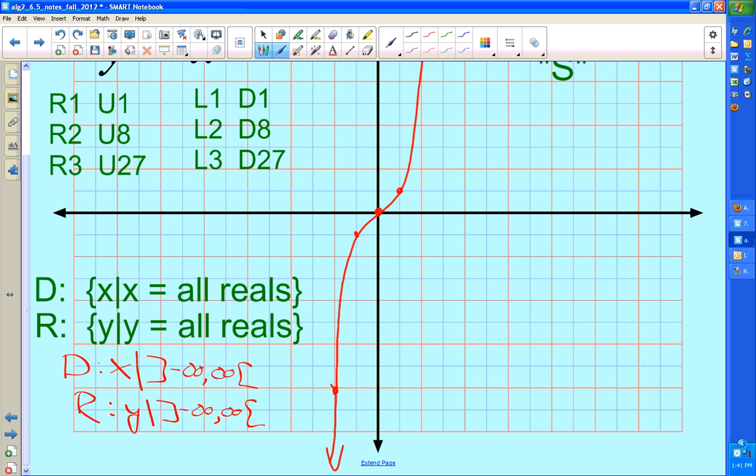And one of the things that you should know, if your degree on your x is odd, your domain and range are all reals. If your degree is odd, your domain and range will always be all reals, unless for some reason they restrict your domain. But in the parent graph, x cubed, x to the 5th, x to the 7th, x to the 9th, all reals left, right, all reals up, down.